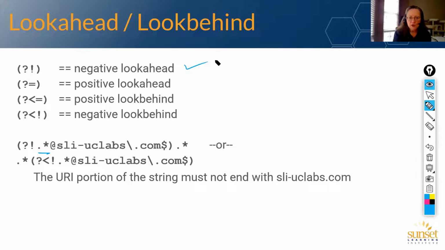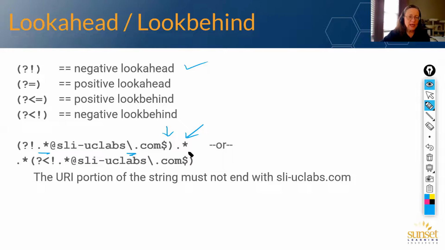I am looking from here all the way through the point where it ends right there. So there shouldn't be anything in front of the user portion in this URI. And as long as I have just a user portion at sli-uclabs.com, and that ends there, I'm good to go.